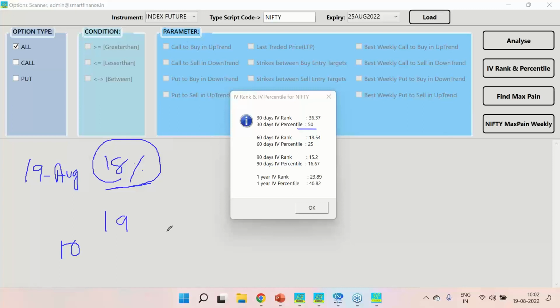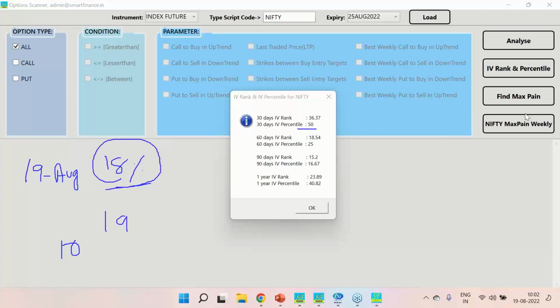So based on the current IV, IV percentile says in this past 30 days period, past 30 days means it is coming only for the August month. In August month, 19 days are gone, including today. In these 19 days, 50% of the time, in 10 days, we were below this current IV.